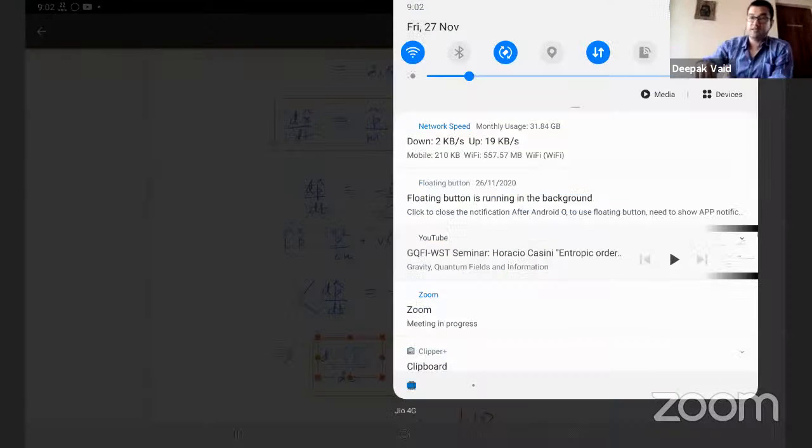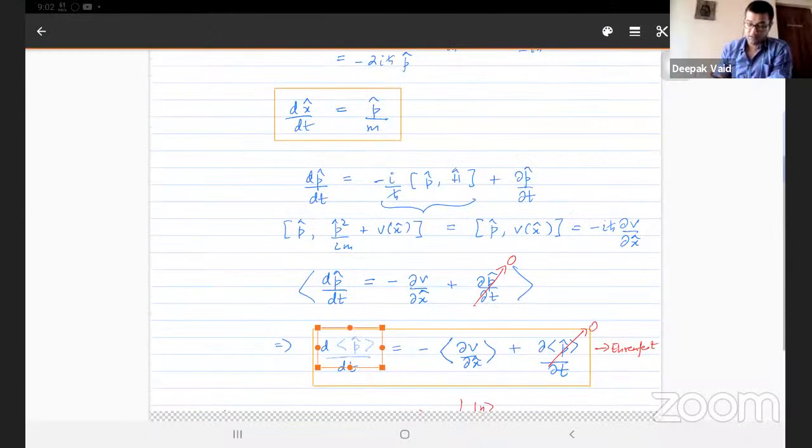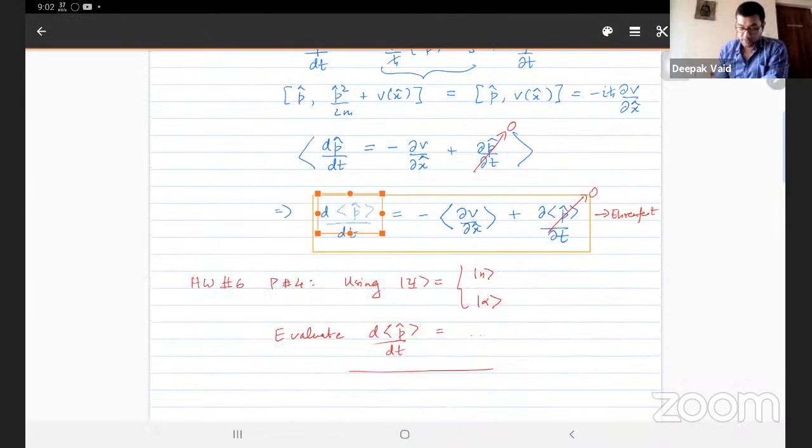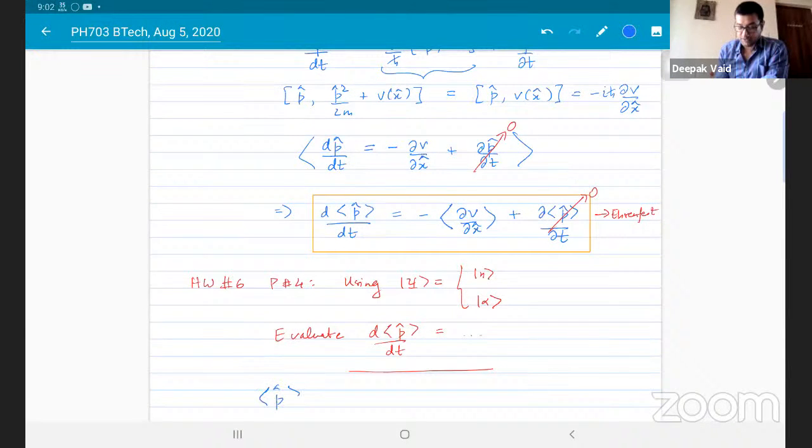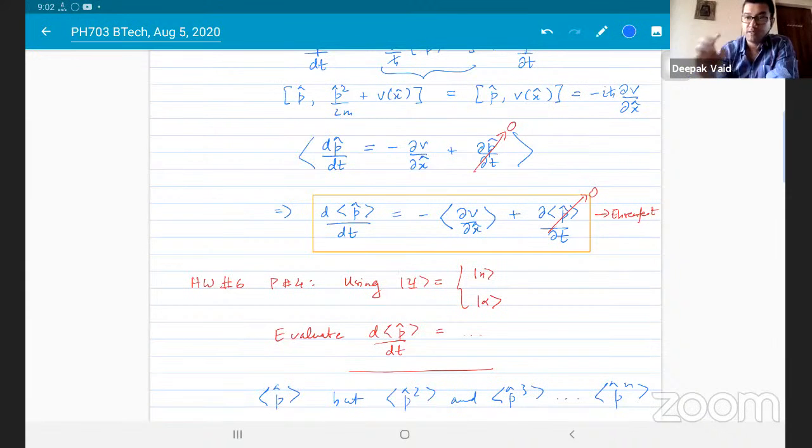But the thing is that one has expectation values of p, but there are also expectation values of p square and p cubed. These are also all operators, and the expectation value of p to the n. What the Ehrenfest theorem is saying is that it only applies to the expectation value of these terms which are linear, right?